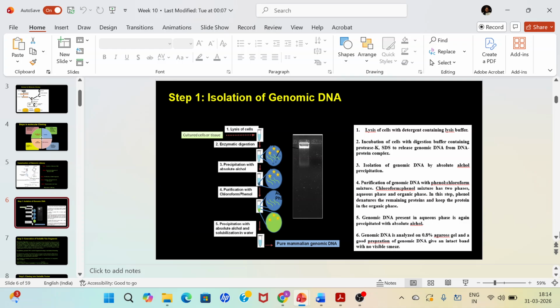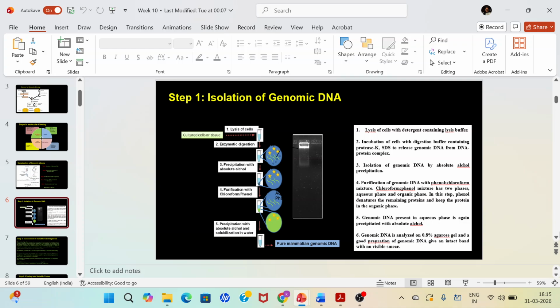So step one: we are not going into the detail of the isolation of genomic DNA. I hope you have heard that. Just an overview: first of all, cells are lysed. Then the enzymatic digestion of the lysed cells is done, so that the DNA can be cut down into smaller fragments. Then the precipitation is done using absolute alcohol.